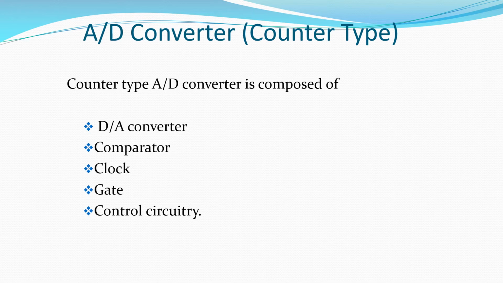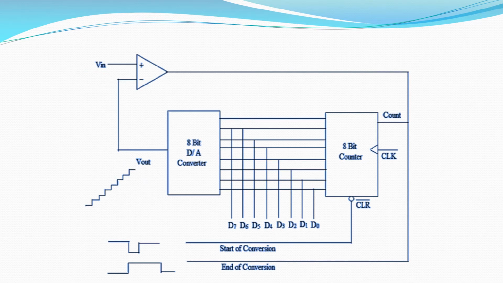Counter type analog to digital converter is composed of a digital to analog converter, one comparator, a clock, a gate, and a control circuitry. Figure shows the simplest method of analog to digital conversion. Here we can see one op-amp.